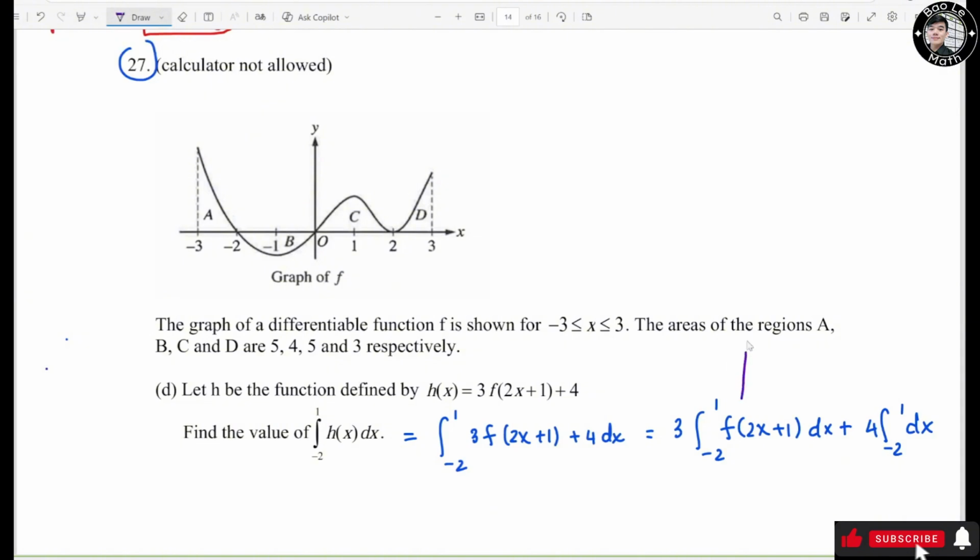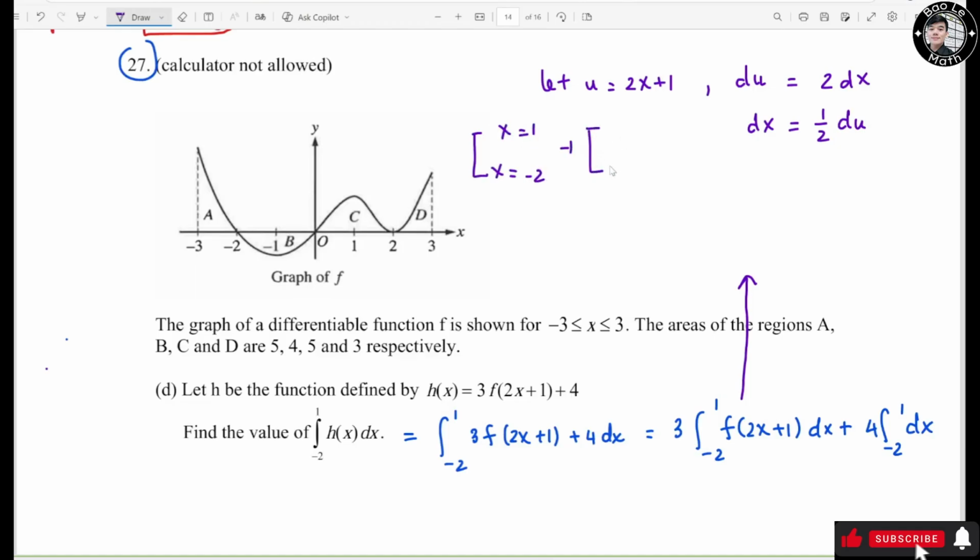Now I need to calculate this one first. So I'm going to let u equals 2s plus 1, and du equals 2 ds, so ds equals 1/2 du. Now I need to change the upper and lower bounds. The old s equals negative 2 and s equals 1.